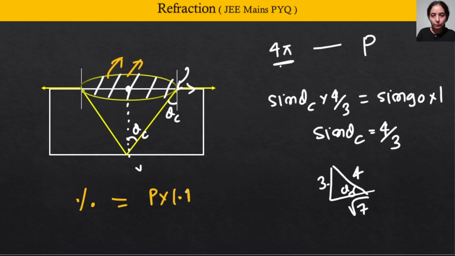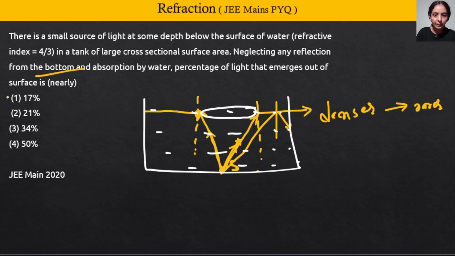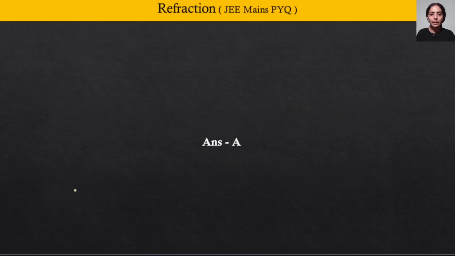So P into 1.4 by 8 divided by total energy, that is P, into 100. So if you solve 1.4 by 8, this will be equal to how much? I mean 1, and then this will be 7, right? 17.5 something, 17.5%. Okay, so this answer will be close to which one? 17%. So the correct answer should be A. It should be A. Then now let us move ahead.